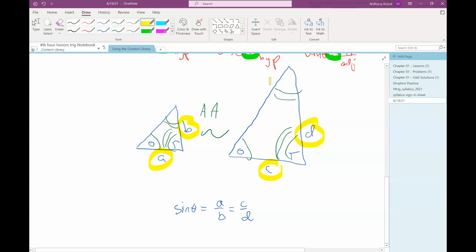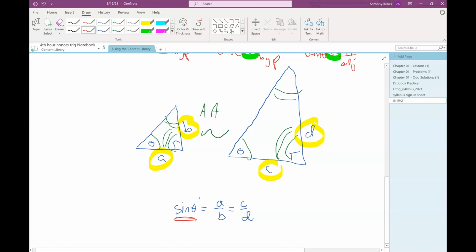If we're talking about a right triangle that also has an acute angle theta in it, it has to be similar, because the third angle has to be the same because of the triangle sum theorem. That's what allows us to create this function sine that says, I know that for all right triangles with an interior angle of 56, the ratio of the side lengths is going to be this.